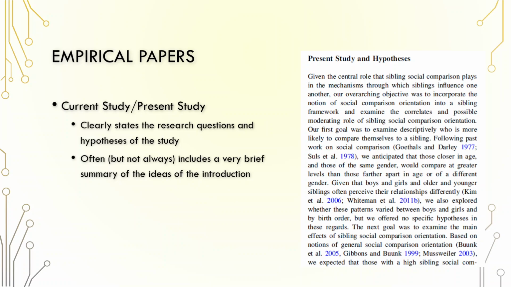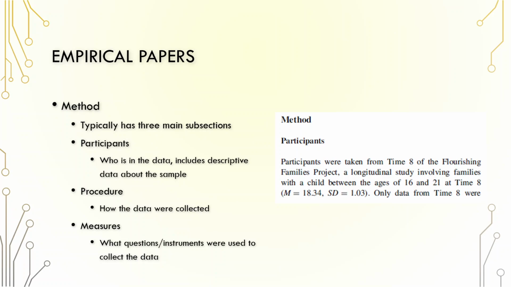But we have that repetitiveness because it's pretty rare that we sit down and read an entire article. Instead, sometimes I need to know what their hypotheses were, so I open up that article and jump to the current study section. Or I really want to understand the justification of their hypotheses, so I'm going to read the whole introduction. So a little bit of that repetition is because of the purposes of those sections.